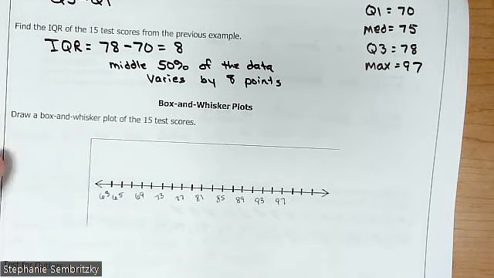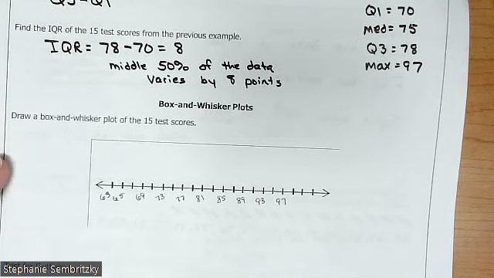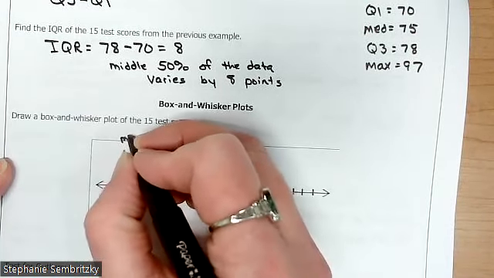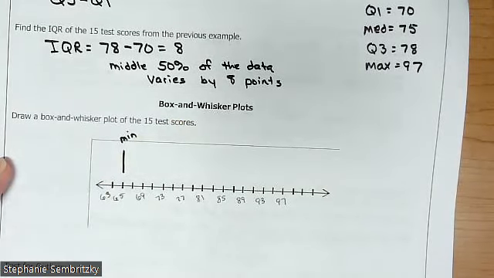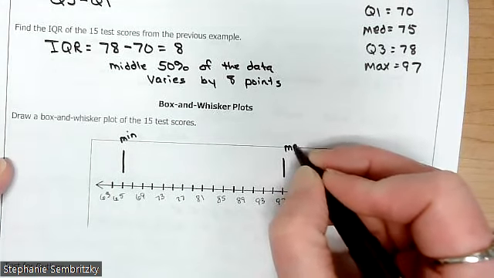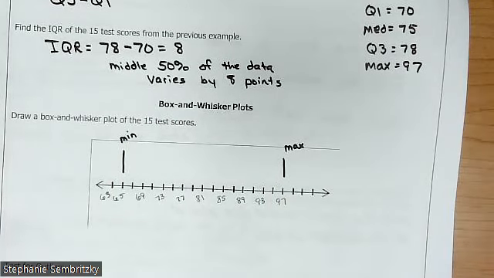So a box and whisker plot, the whiskers go out to my min and my max. So I'm going to put a line at my minimum value, 65. Here's my min. And the max gets a line. Now the box for box and whiskers is around my IQR. It's around the Q1 to Q3.